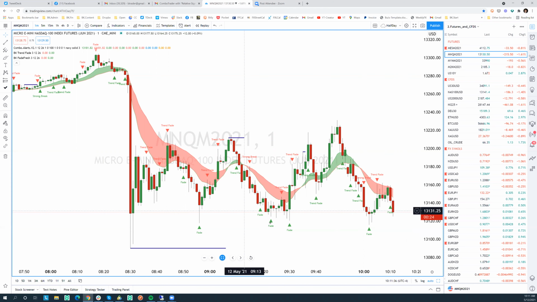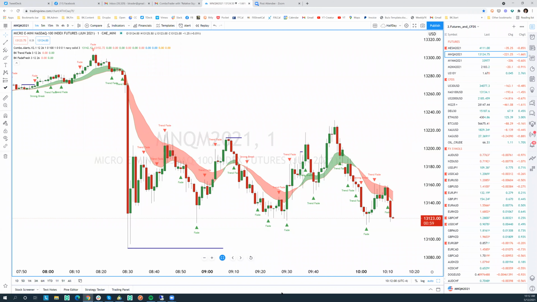The only time I really want to buy the fades is when they're deep in the white zone. If I have a second fade move somewhere around here, it's totally in the white zone, because it looks like they're going to try and test the CPI lows here. So we'll see where they're going to work it.